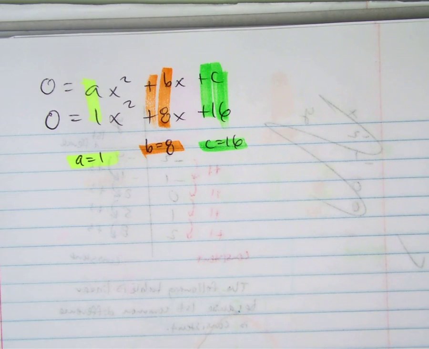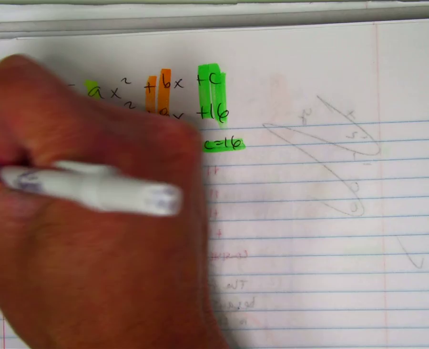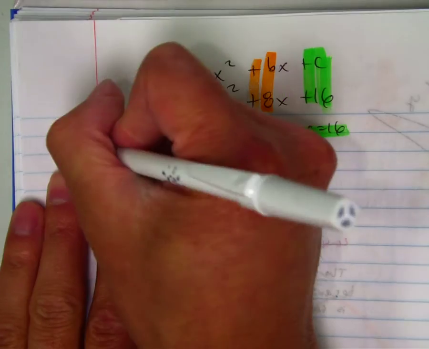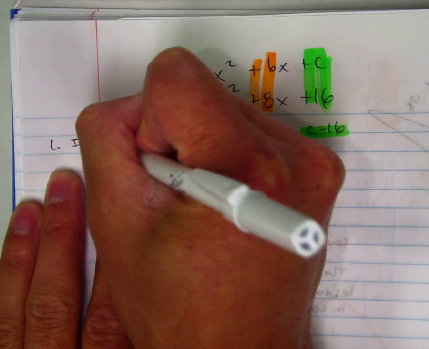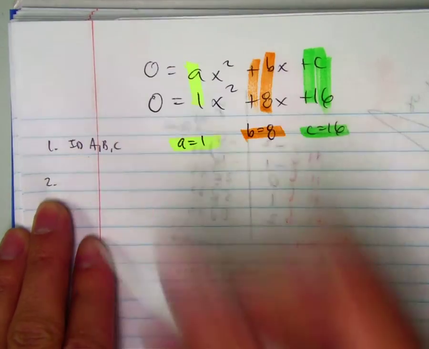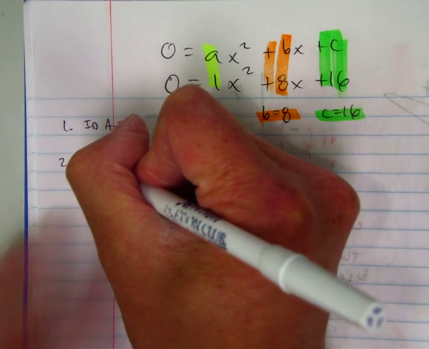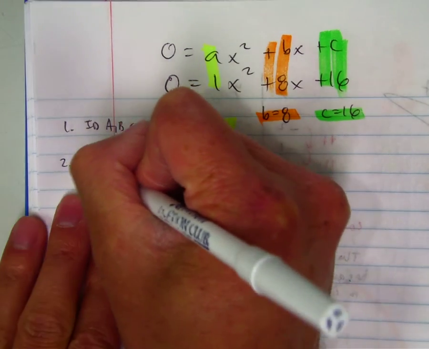So the first thing you're doing is you're identifying the A, B, and C. The second thing you need to do is what? Write down the quadratic formula.